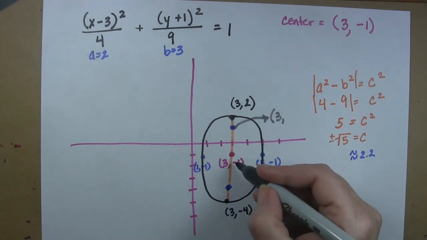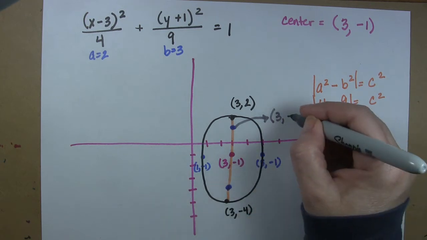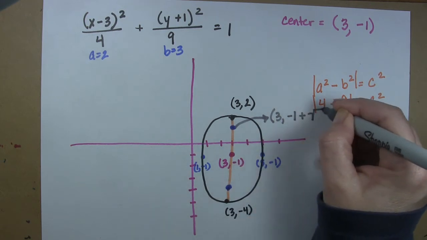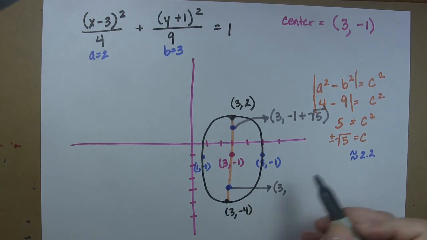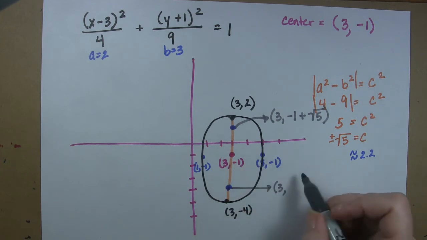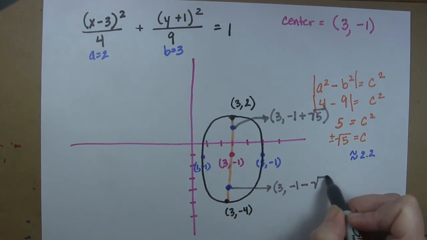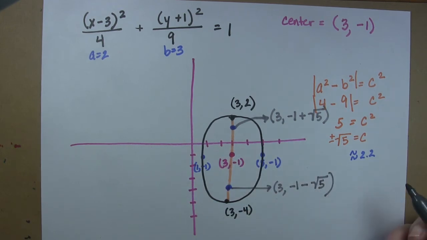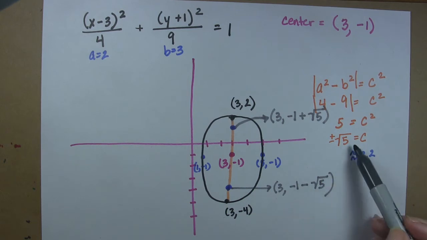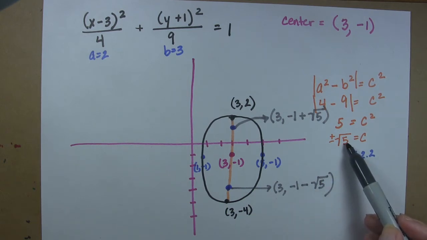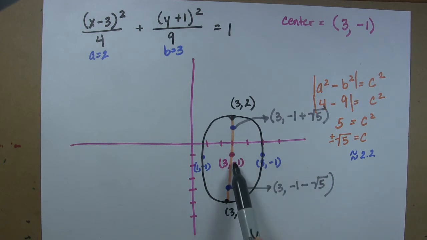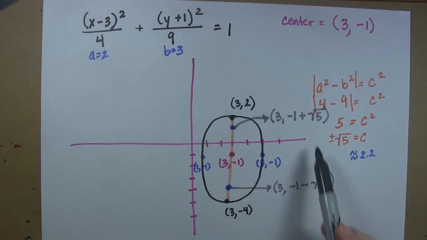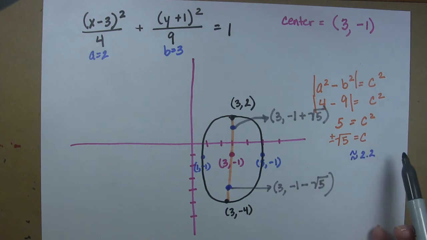So we're going to call it negative 1 is where it starts, and then we will add the square root of 5 to it. And then down here, this is still going to be 3 on the x-axis, but it's going to be negative 1 minus the square root of 5. So again, you are adjusting by the square root of 5, but you're adjusting from the center. So you take whatever your center point is, and then you add or subtract that c value.